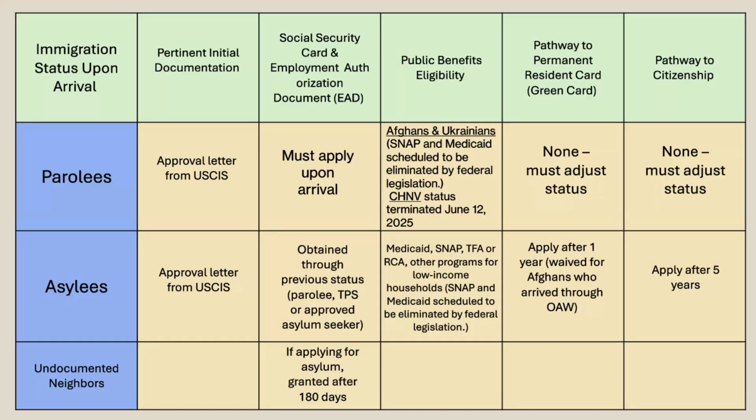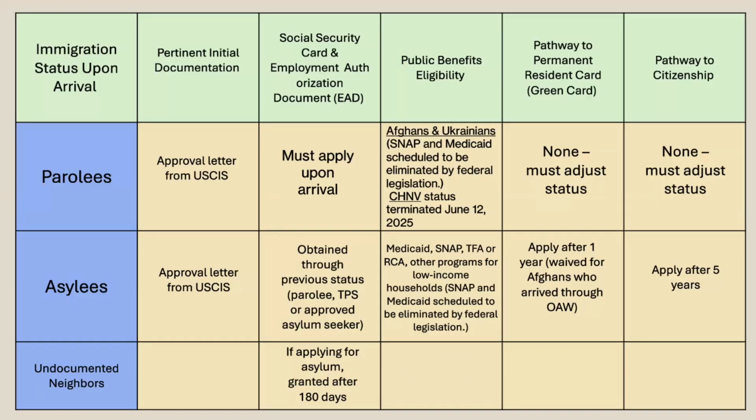They are only granted a Social Security card or an EAD card if they apply for asylum or other more limited protective orders, and that case is approved to move forward. Then they will be able to apply for Social Security cards and EADs 150 days after their first scheduled court hearing, and the card should arrive by their 180th day.